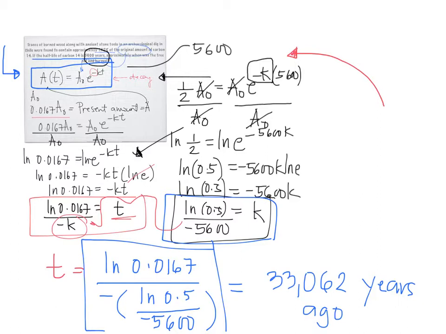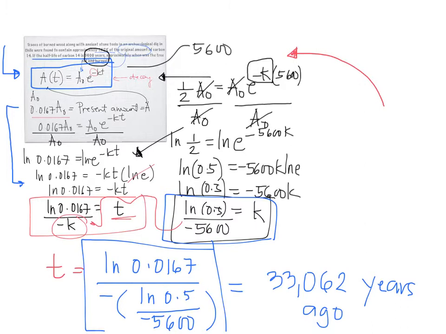So A of t is 0.0167 of A sub 0, because it says the current amount is just 1.67% of the original amount. So even if we don't know the initial amount, we can still represent the current amount in terms of the original amount, which is A sub 0. And then manipulate the equation until you get the expression for t.